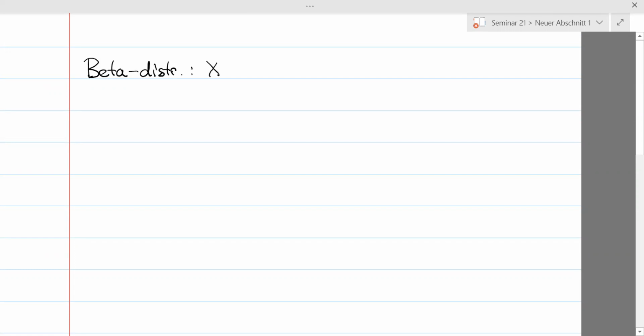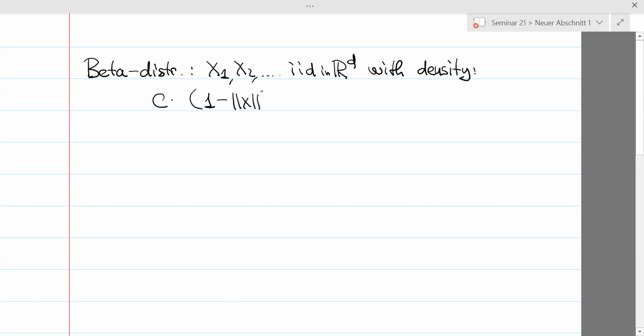Let me consider points x1, x2, and so on, which are independent identically distributed in R^d with the following density. The density is some constant times 1 minus the norm of x squared to the power beta. And this is restricted to the unit ball.